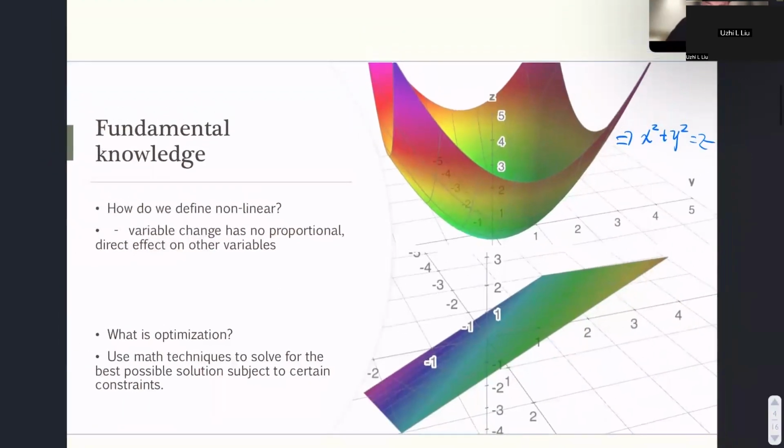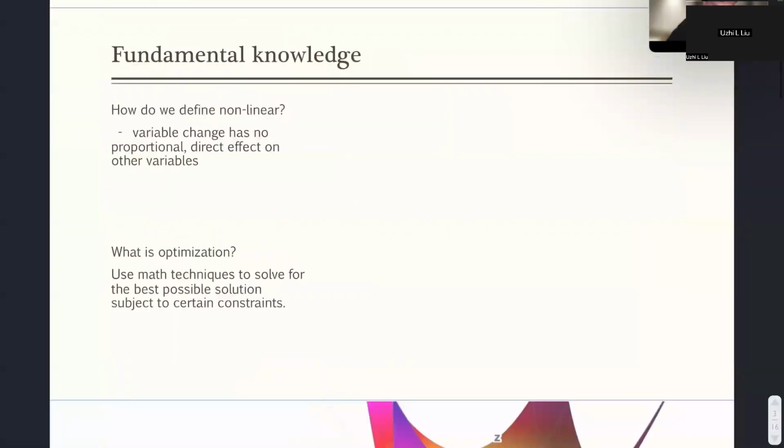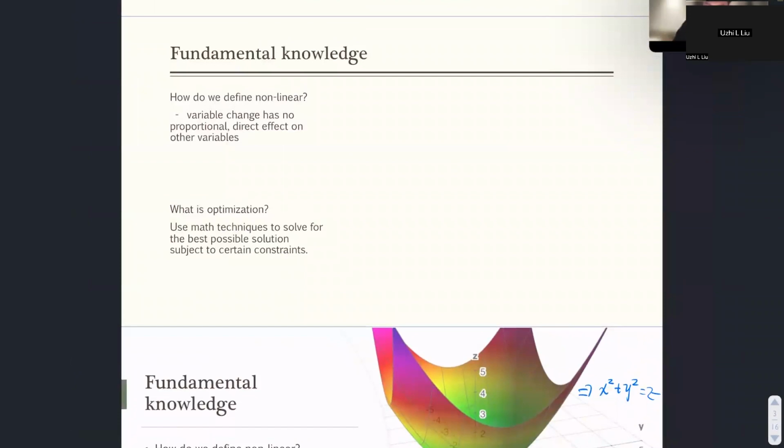As we can see, for the first one, when x and y change, the change in z has no proportional or direct effect.